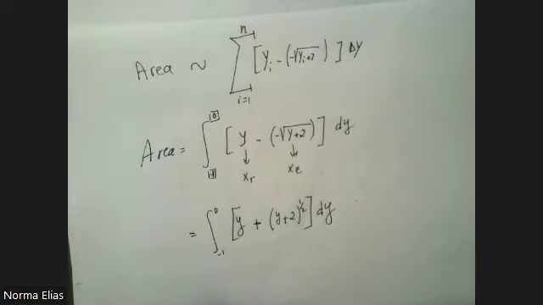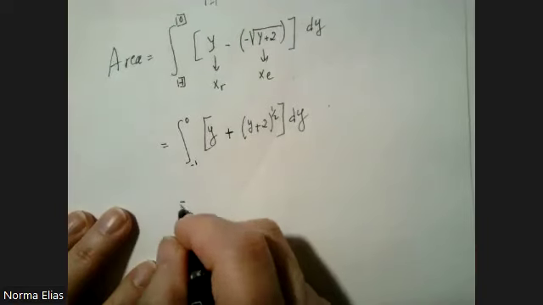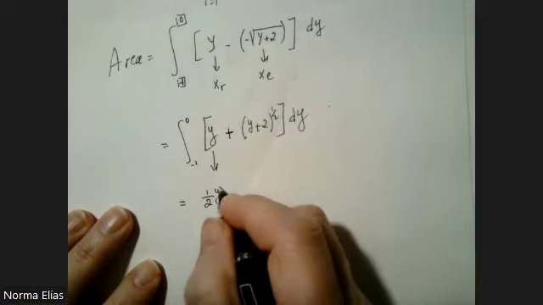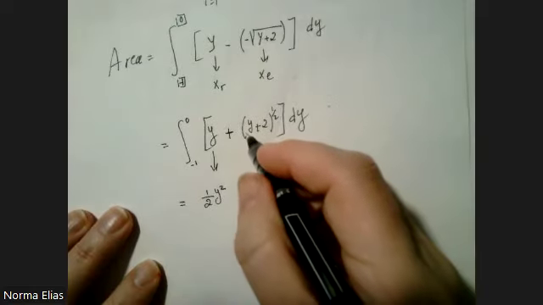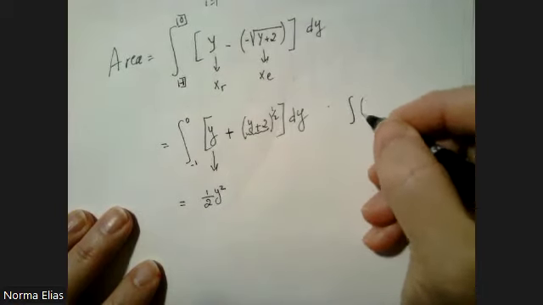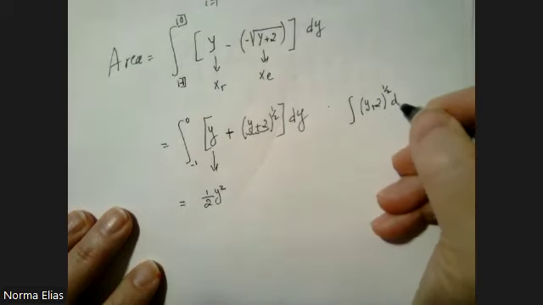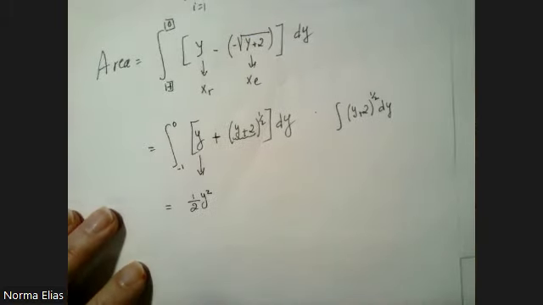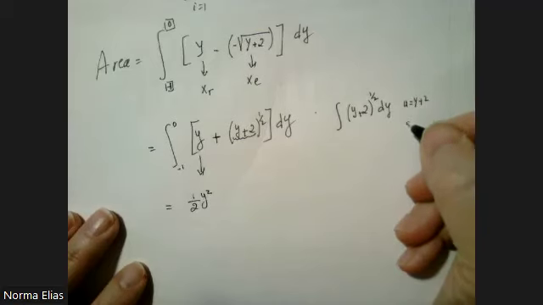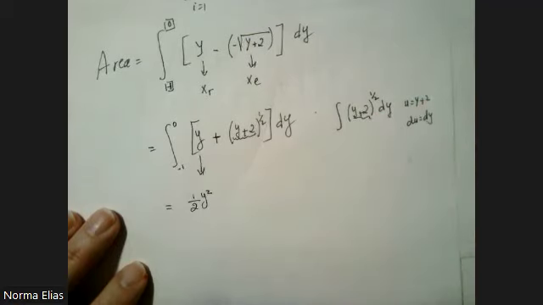Okay? The rest is just find the antiderivative. So this would give me, equal to, antiderivative of that is a half y squared. Antiderivative of y plus 2. Since I have an inside function, I take it to the side. I isolate it a little bit. I put u to be y plus 2. I need a substitution because I have an inside function.